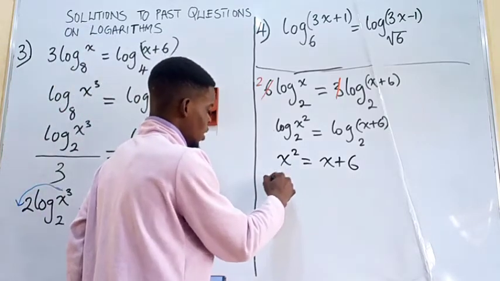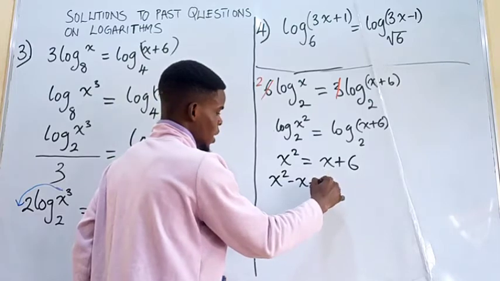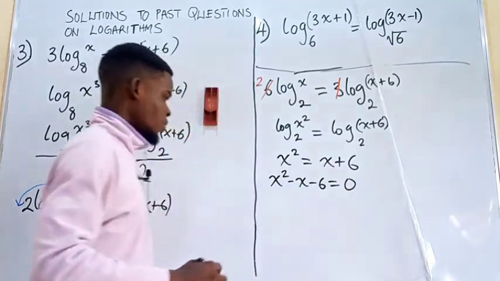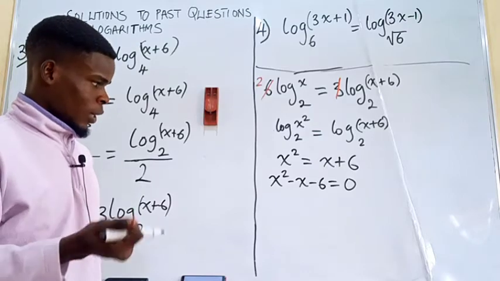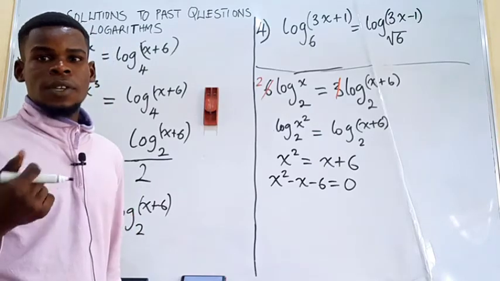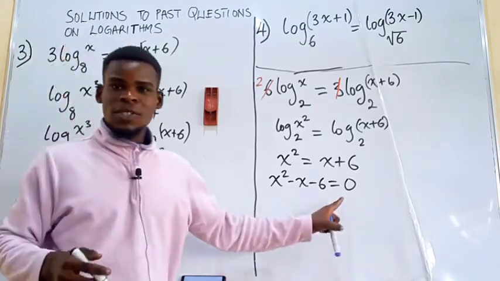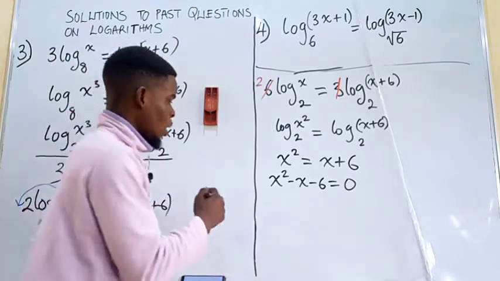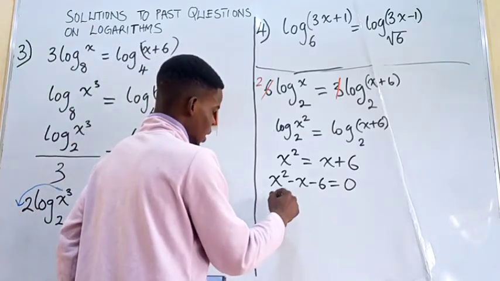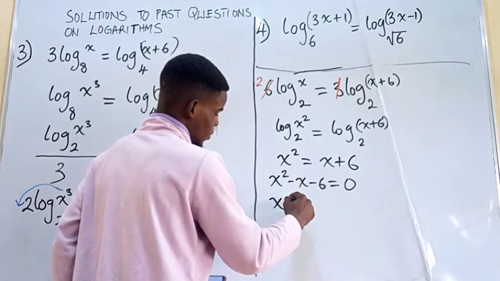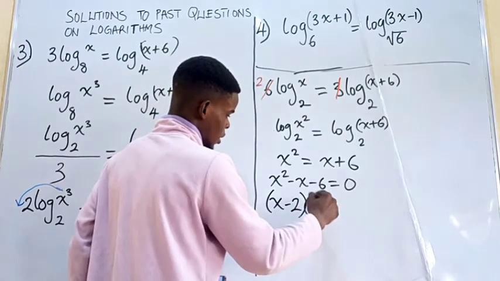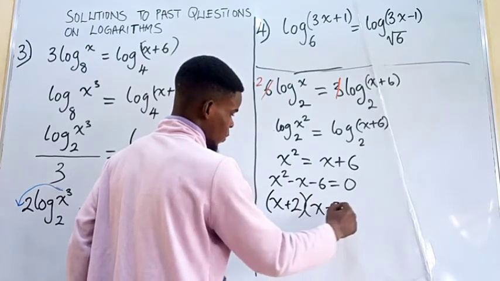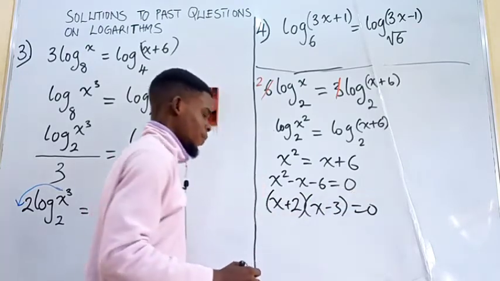So here we are having x squared minus x minus 6 equal to 0. Let's see, can we get the factors of this? Well, if we talk of negative 3 and positive 2, so I would like you to solve this using the factorization method. So what we are going to enter with is x minus 2 and then x minus 3 and then x plus 2 equal to 0.